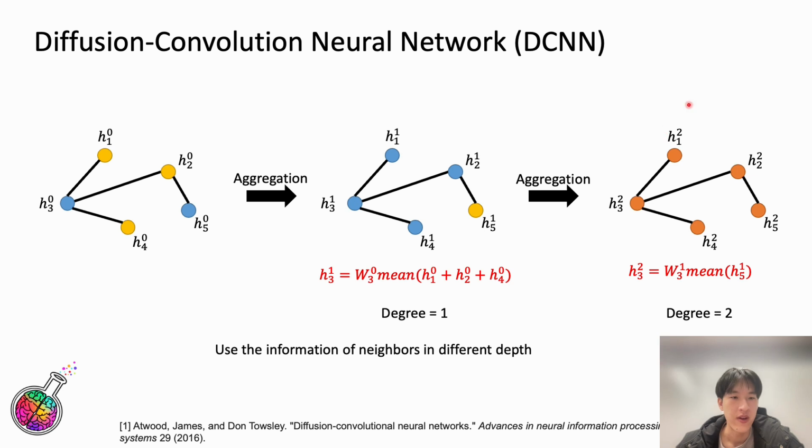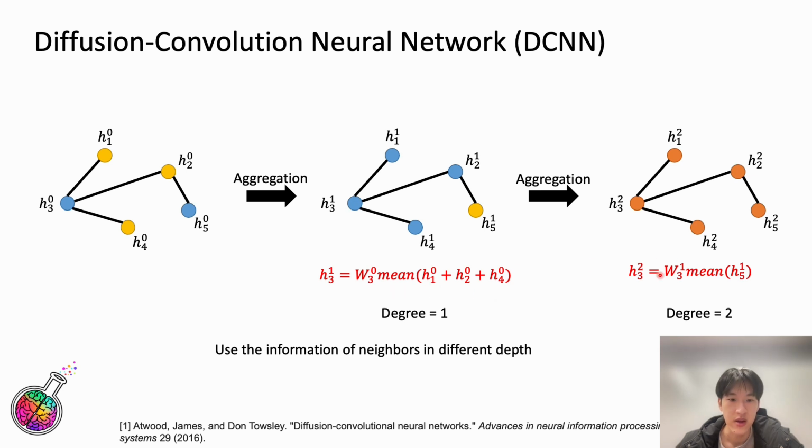So here we have the second method called diffusion convolution neural network, DCNN. In this method, the aggregation part actually consists of different kinds of degree information. For example, in the first layer aggregation, we sum up all the node features together and calculate a mean value.